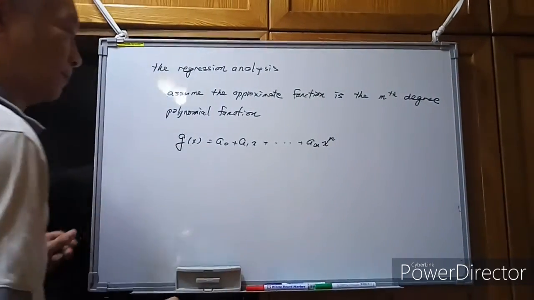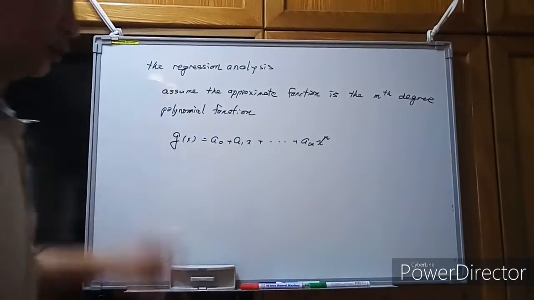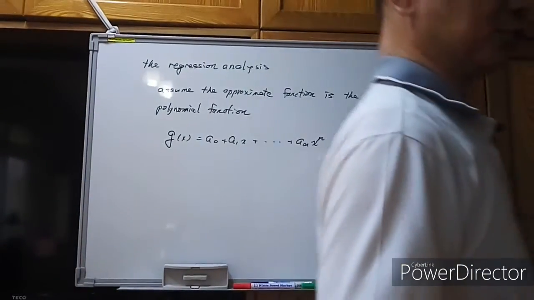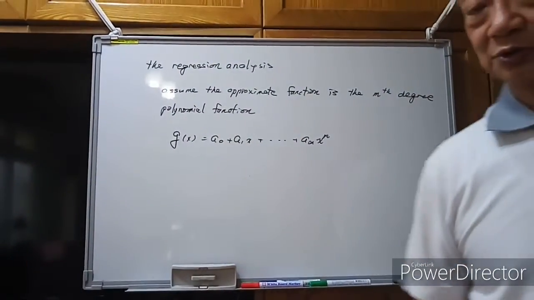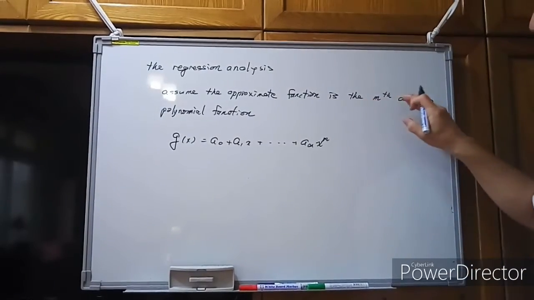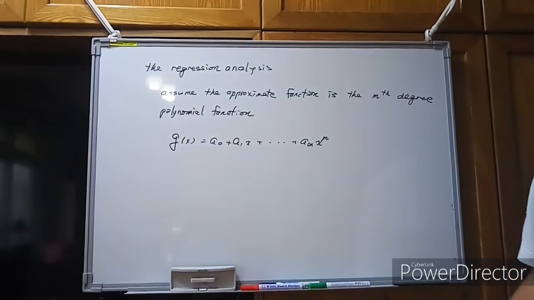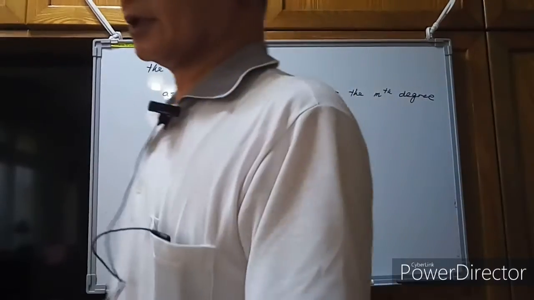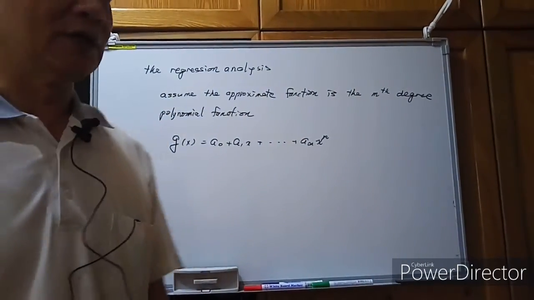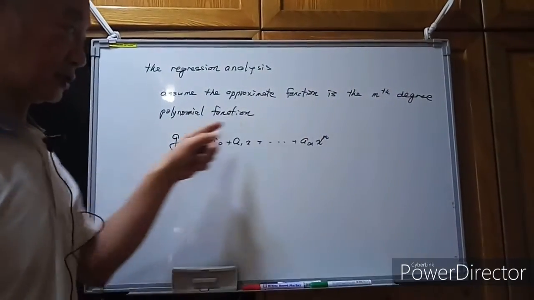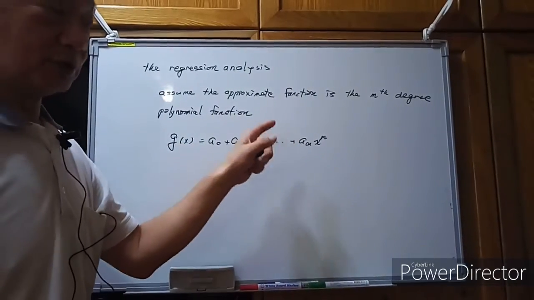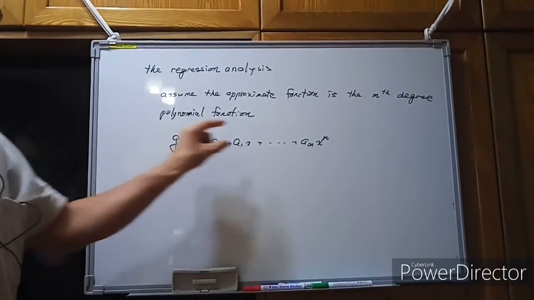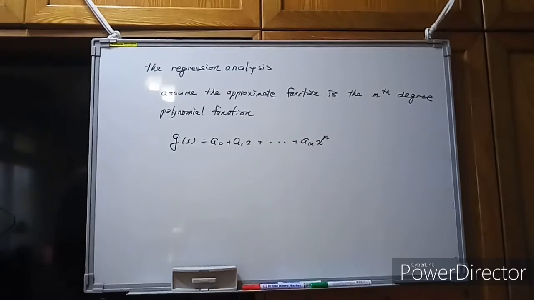Okay, so the highest degree of the polynomial function, which is m. So that's the mth degree polynomial functions. And if we assume g of x, which is the mth degree polynomial functions, totally we got m plus 1 unknowns.